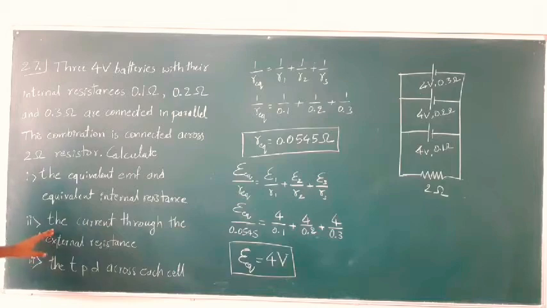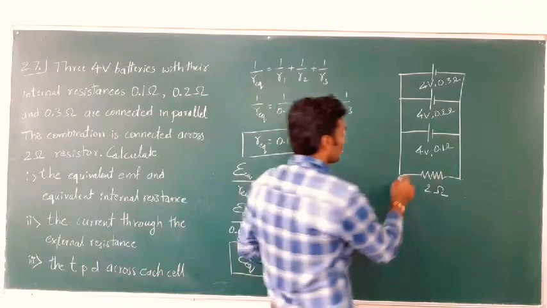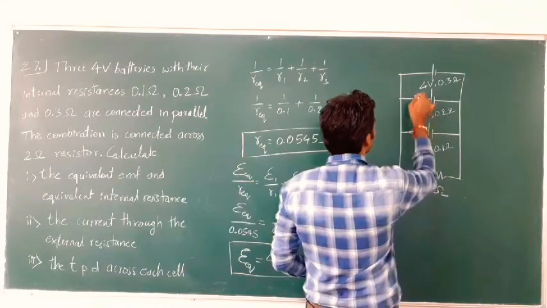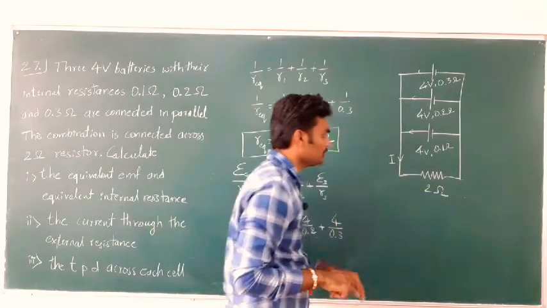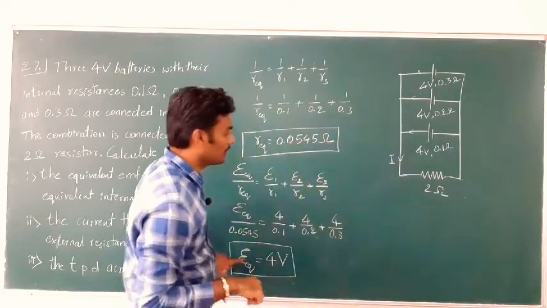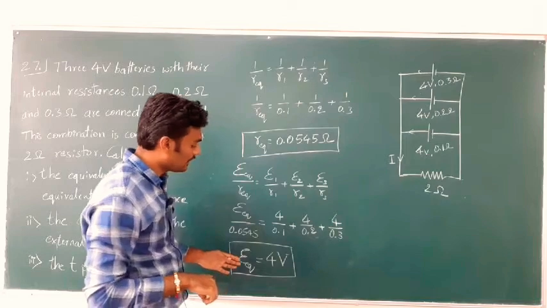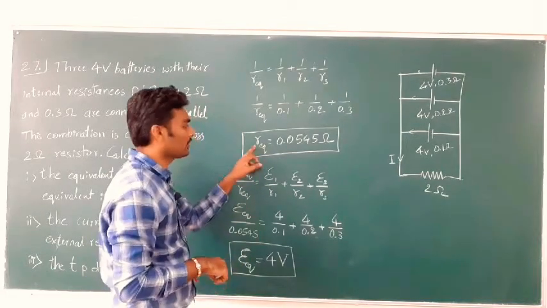Moving forward for the next sub question, the current through the external resistance. So the final current flowing through them has to be found. Now we have found equivalent EMF and equivalent internal resistance.